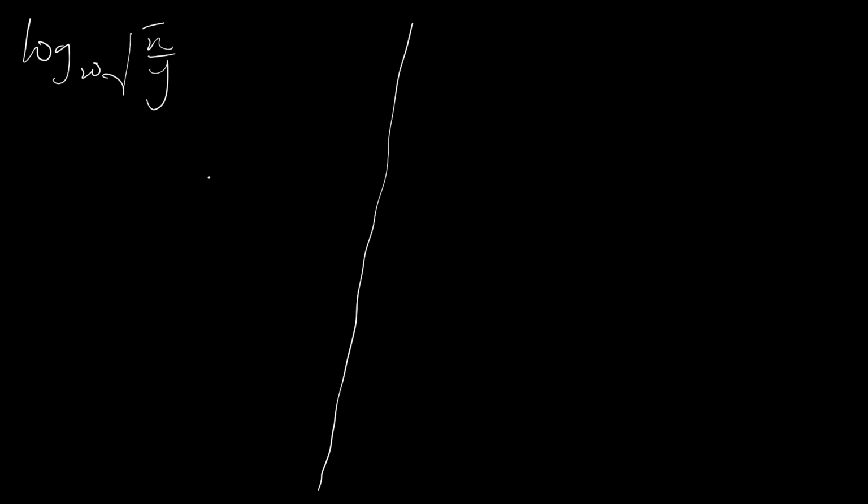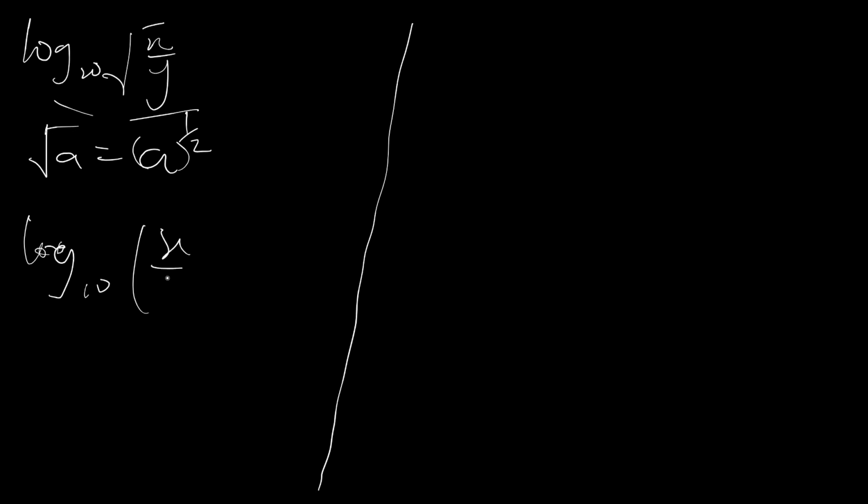Alright, so we know that the square root of a can be written as a raised to the power 1 over 2. So we can rewrite this expression as log to the base 10 of x over y raised to the power 1 over 2.